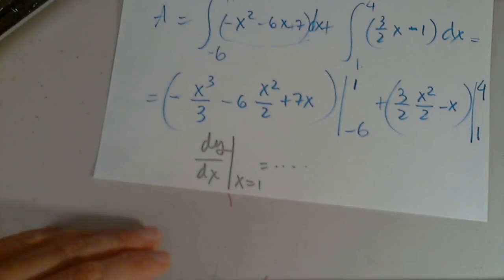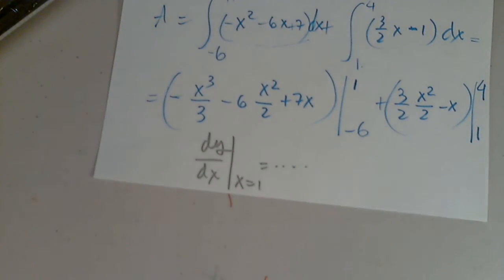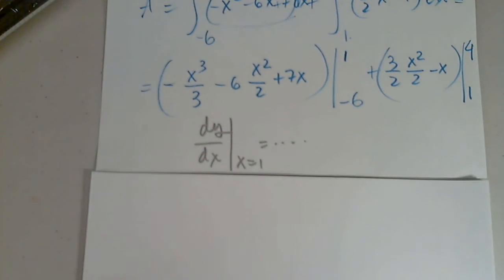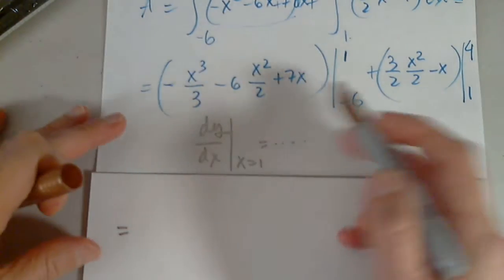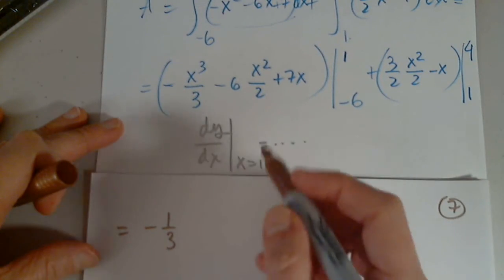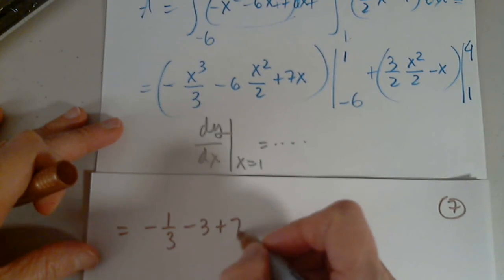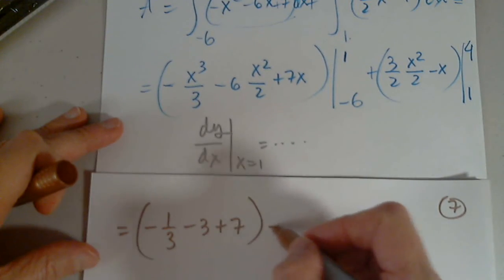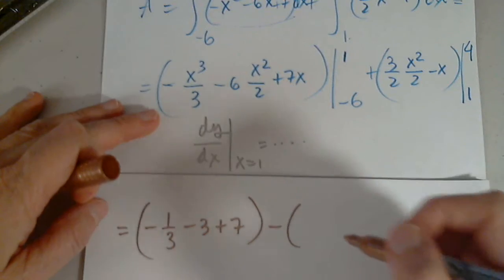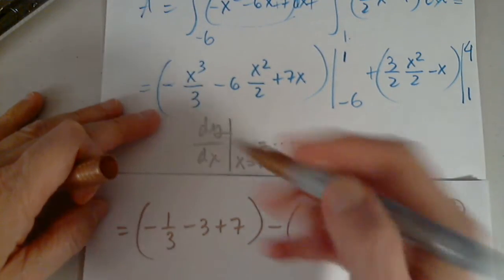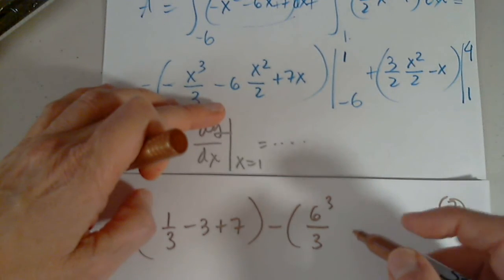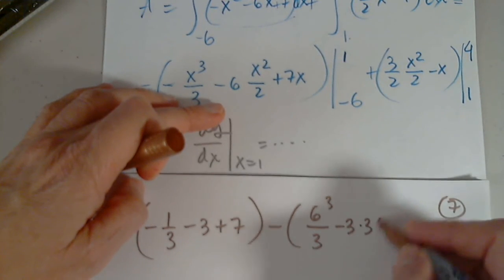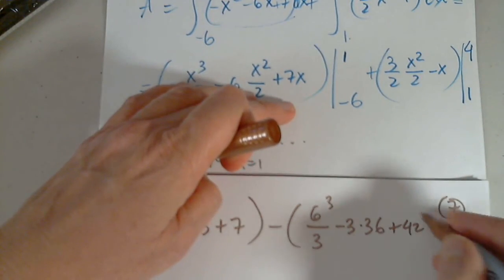Okay, so moving on then here, let's finish it up. So when I plug in 1, negative 1/3, minus 3 plus 7, minus, when I plug in negative 6, I will have 6 to the third. It will be negative, but with minus in front, divided by 3. And this will be minus 3 times 36, and then plus 42.